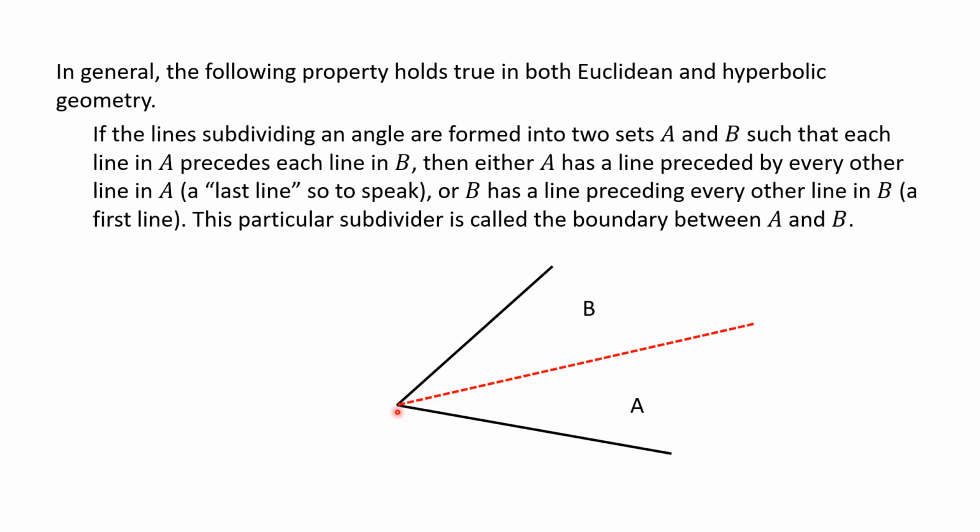So every other line in A would precede this line here, and this line is in A. Or B has this line, and it precedes every other line in B. The particular subdivider is called the boundary between A and B. So the point is that you have an angle here, and you have all these subdividers, and you've broken them into two sets, where set A precedes B. Then this subdivider, this boundary, is either in A or it's in B. It's not in both.